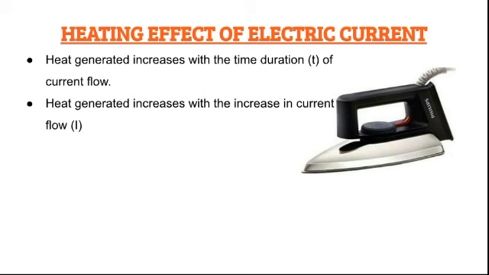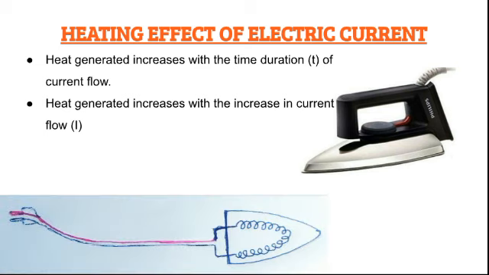Now let us examine the electrical circuit of an iron box. It has a simple structure. The electricity reaches the iron box through a copper wire, and inside an iron box there is a nichrome coil arranged on the hot plate.